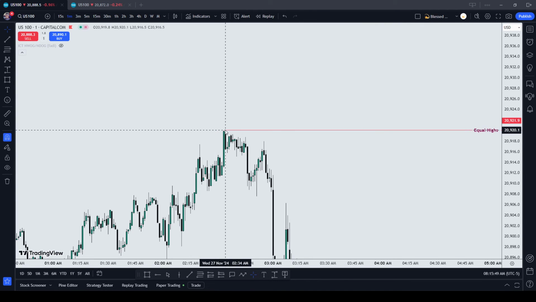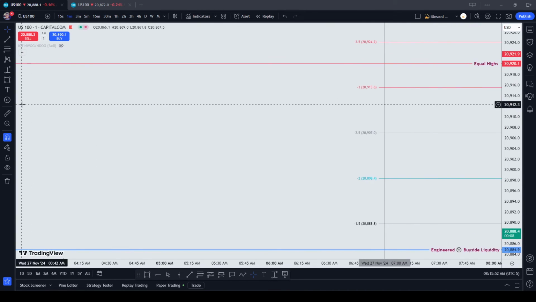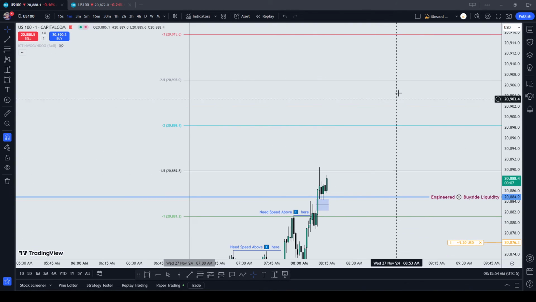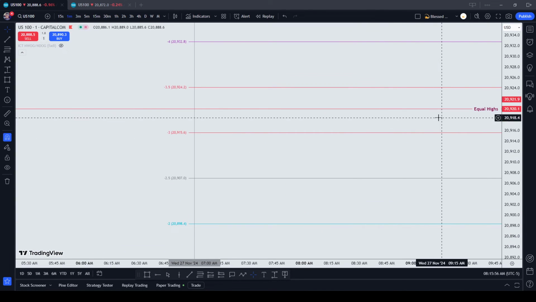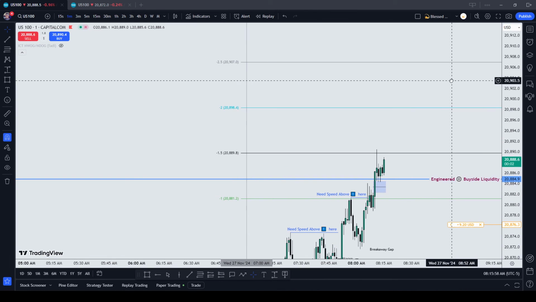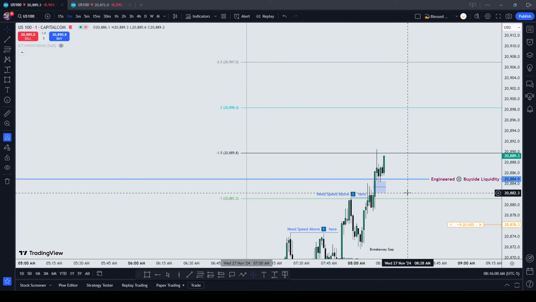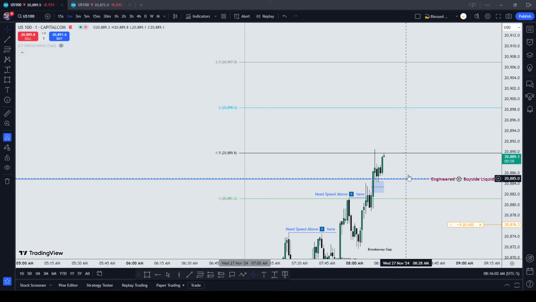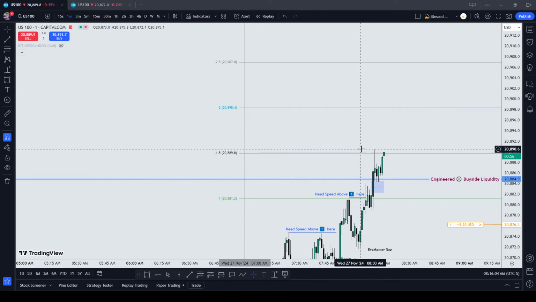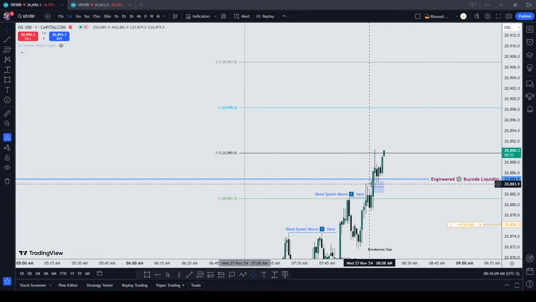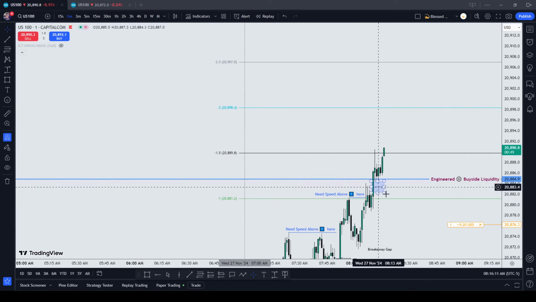So I'm looking for price to get up above this place here, right there. And now I need speed above this recent high that has been created here, since we had the institutional order flow entry drill right here.